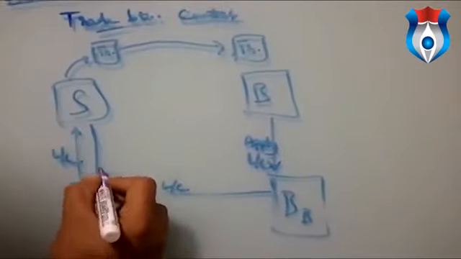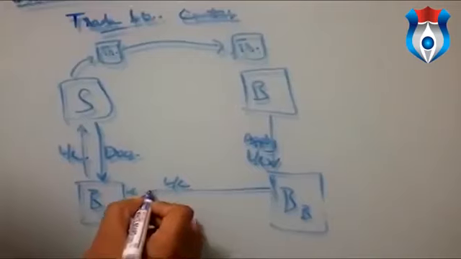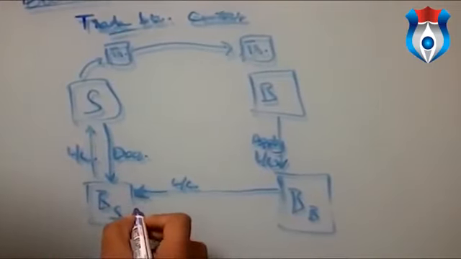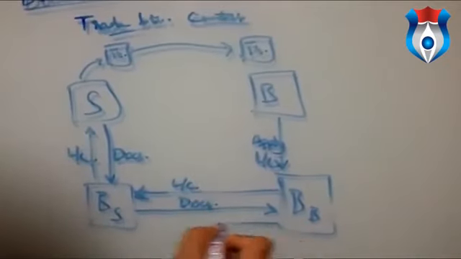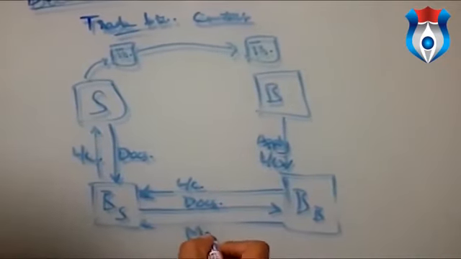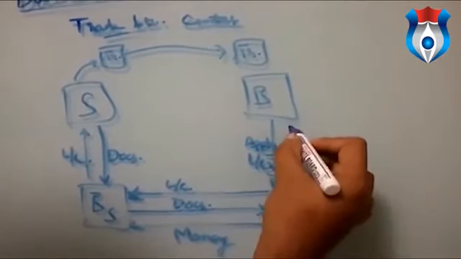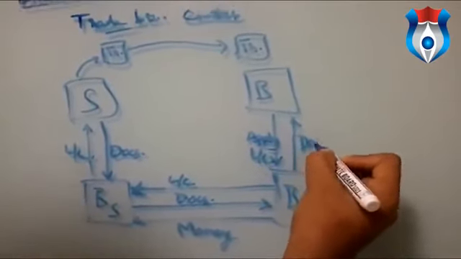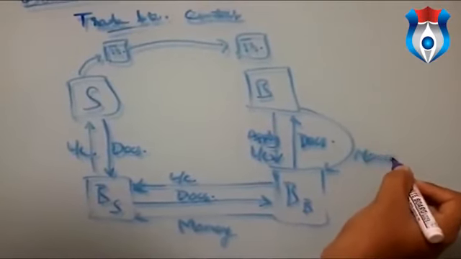These documents, which are specified in the LC, are given by the seller to the bank, his bank basically, who checks it and forwards it to the buyer bank against payment. The buyer bank checks it, gives these documents to the buyer against money again.